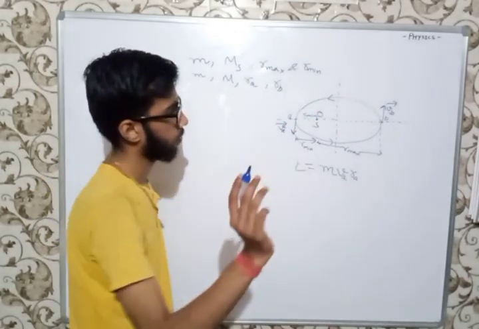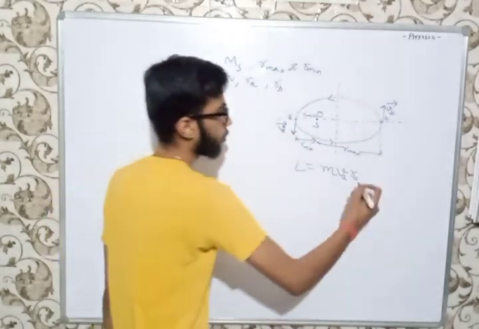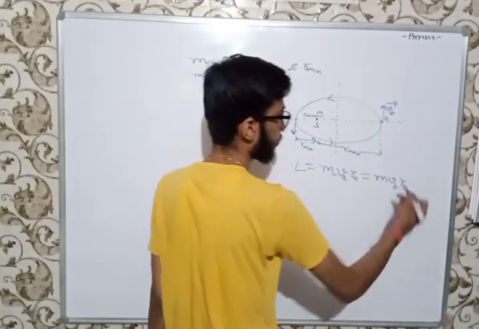If it is not perpendicular, I take a component. It equals m V_B R_B.